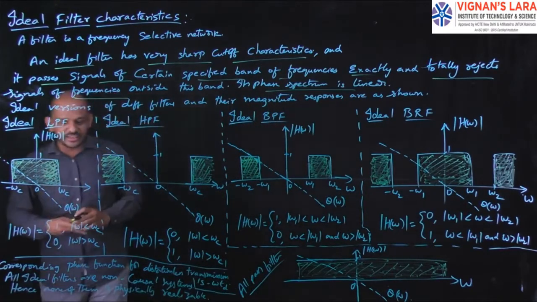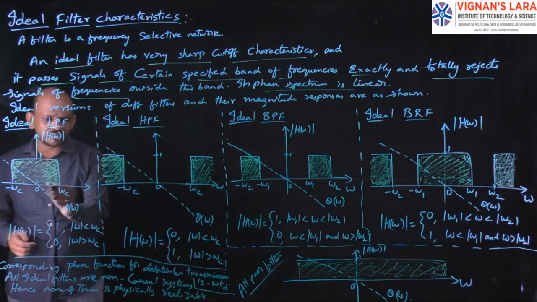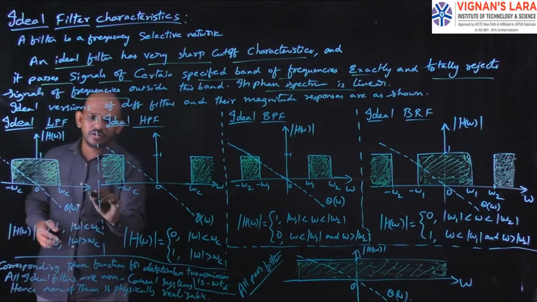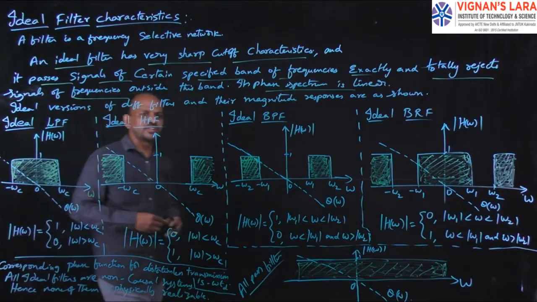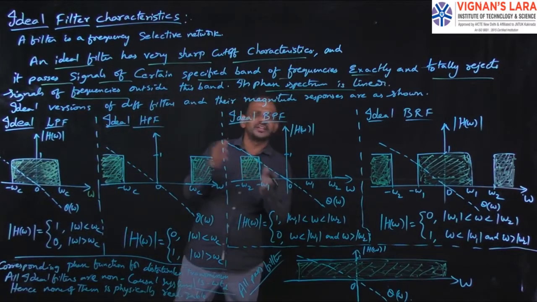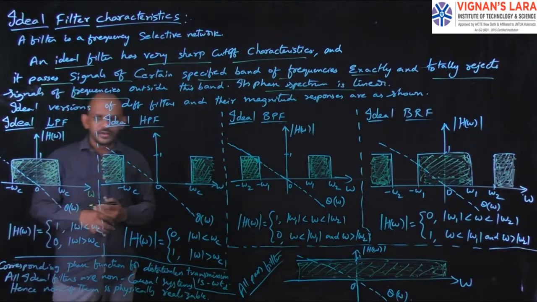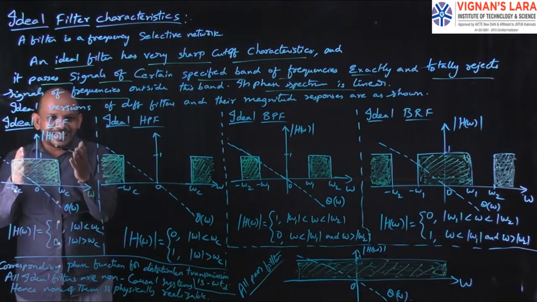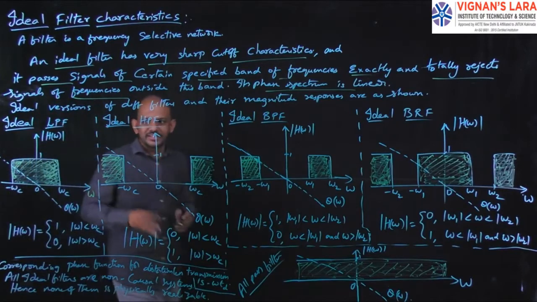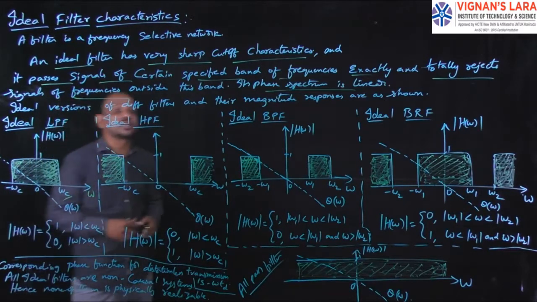See here I have drawn the graph, omega versus magnitude of h of omega, that is frequency versus magnitude of the transfer function. Here it is the ideal low pass filter. There is a term omega c, which is nothing but the cutoff frequency.